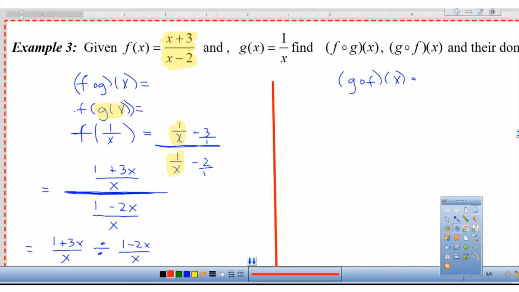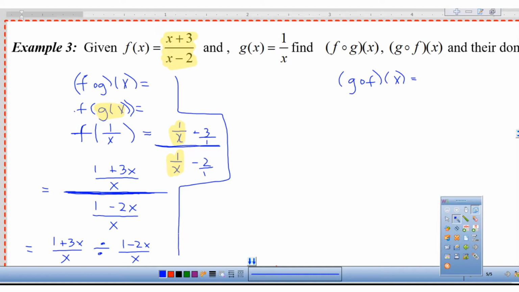Okay, mine's getting just a little bit squishy. I'm going to move mine up here to the top. So I do not flip the first fraction. Some of you think you flip the first fraction. You don't. The division becomes a multiplication and you flip the second fraction upside down like that.